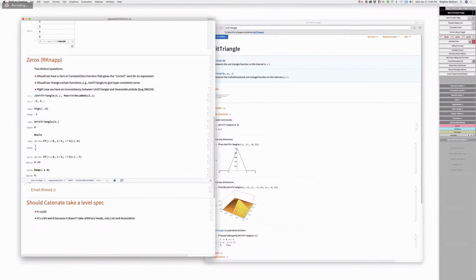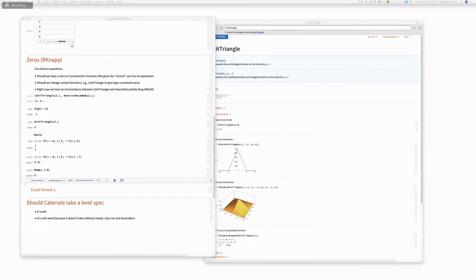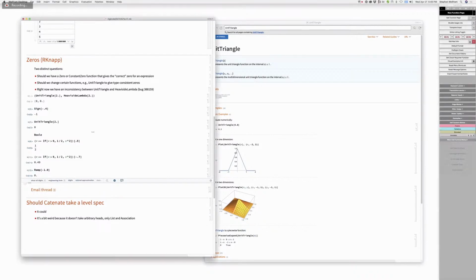So it's probably more common for our math functions to be type consistent. So in that sense, unit triangle is really an outlier. Well, maybe it should be considered a bug, I suppose. Is it consistent to make these few functions type consistent? I think so.